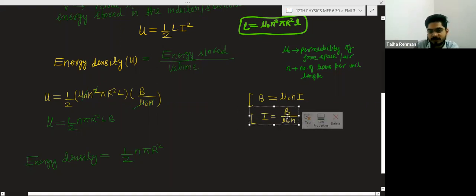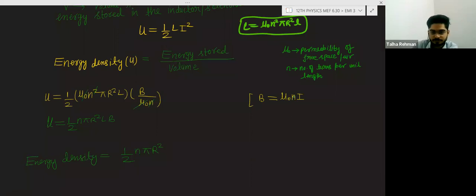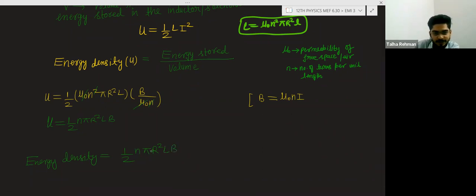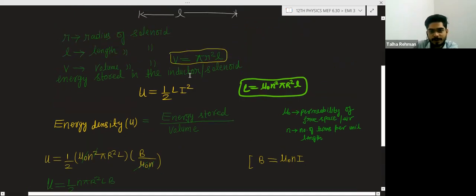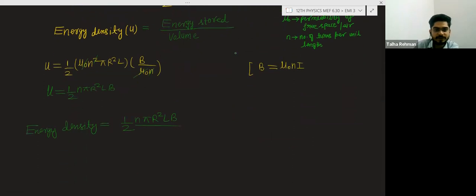This is the current, no? This is the magnetic field due to the solenoid. So this is your energy density, half n into pi r square into L into magnetic field. You will divide this with the volume. What is your volume? Pi r square into L.